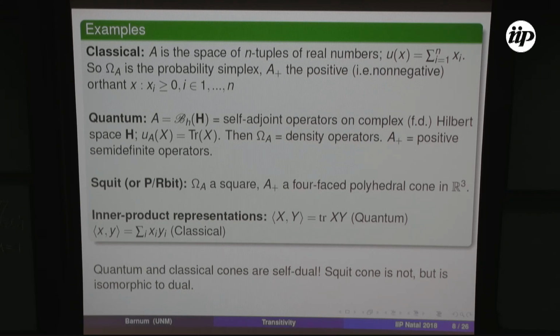That's probably what's going on. If you allow not positive definite inner products, like a Lorentz product, you could get it to be the same, but it's not the usual way we think about formulating these things.